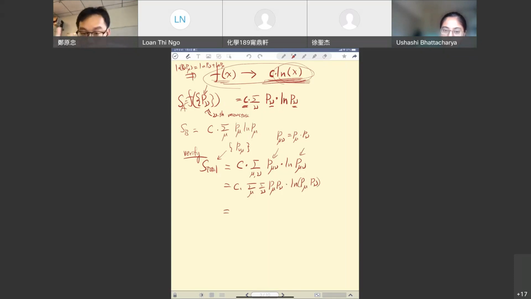This became two different terms: the summation of P nu P mu natural log P nu, plus the summation of P nu P mu natural log P mu.